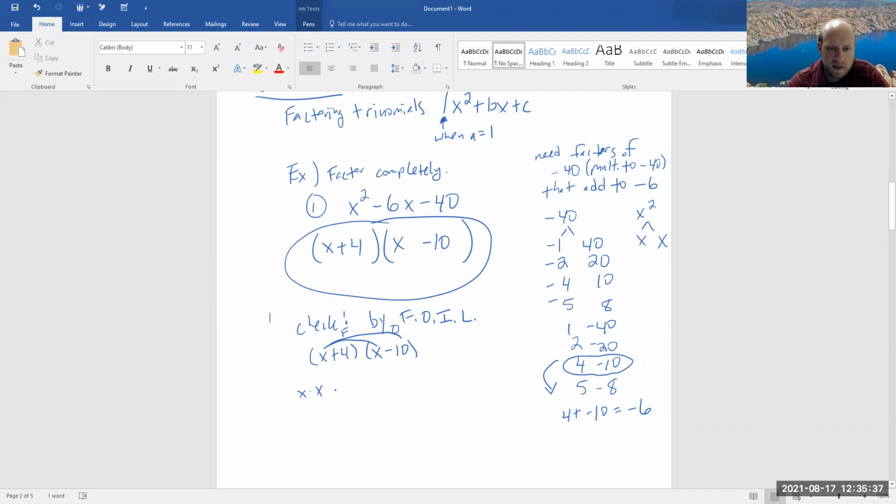Then plus x times negative 10, plus 4 times x, those are the inside terms, and then our last terms, plus 4 times negative 10. So we'd have x squared, x times negative 10 is negative 10x, 4 times x is positive 4x, and 4 times negative 10 is negative 40. These two are like terms, so I combine those to be negative 6x, and it matches. So that checks out.